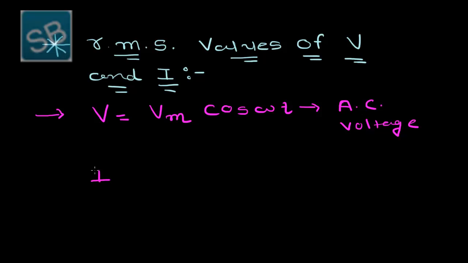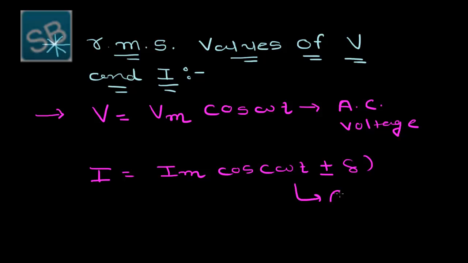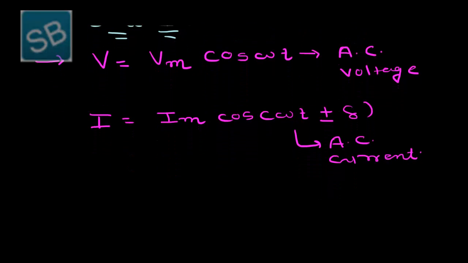Similarly, the equation for electric current I, which we have used, was of the form Im cos(omega t plus or minus delta). Here the voltage and current are changing with respect to time periodically, and hence they are named AC current and AC voltage.